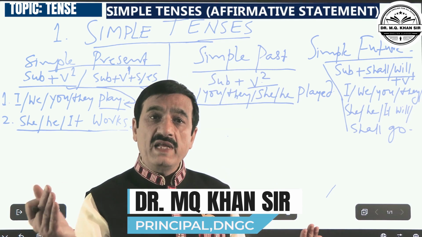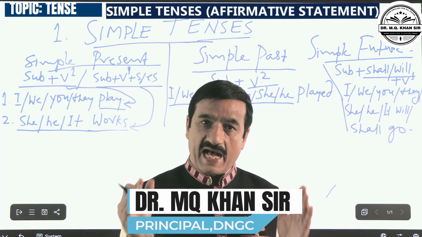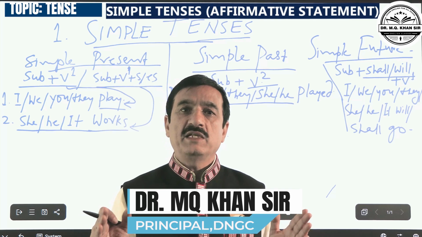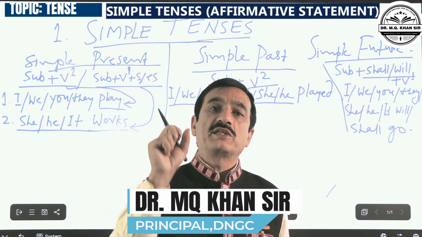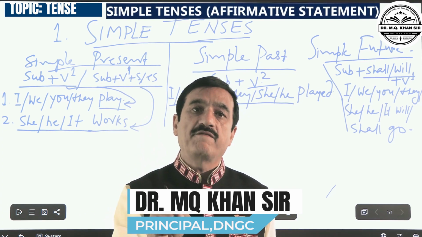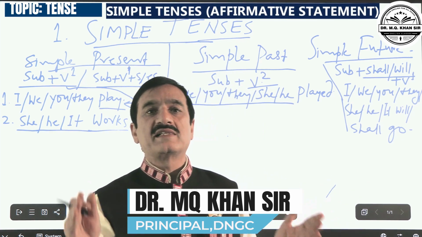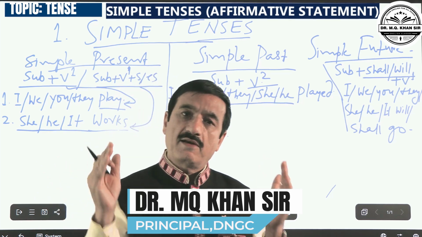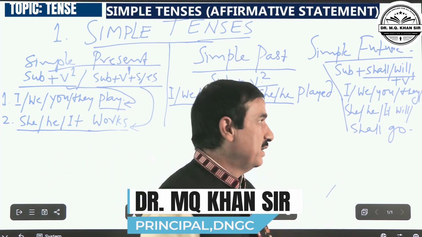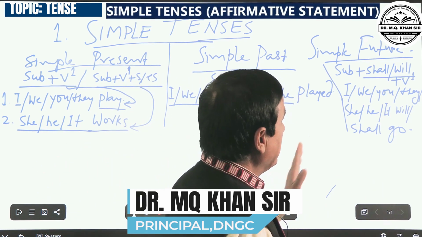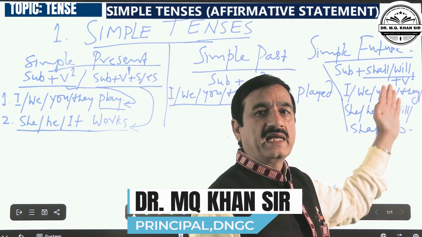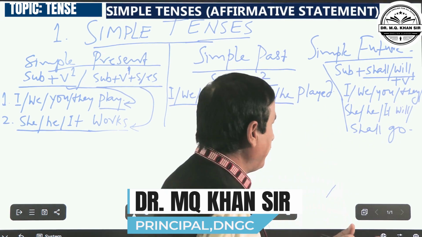But if will comes with first person, like I will play, that means there is determination. It is a strong expression. There is emphasis. I will play is equal to I shall certainly play. I shall surely play. It is dead sure. So this only. Otherwise, interchangeably shall and will can be used. Only the meaning will change.